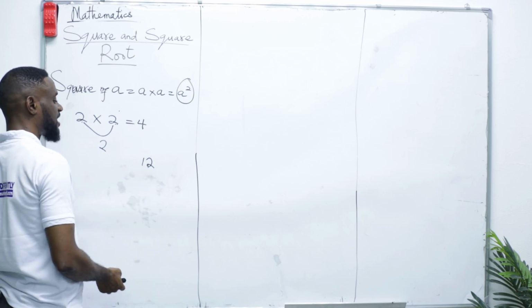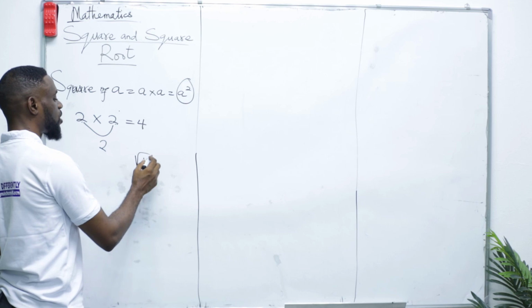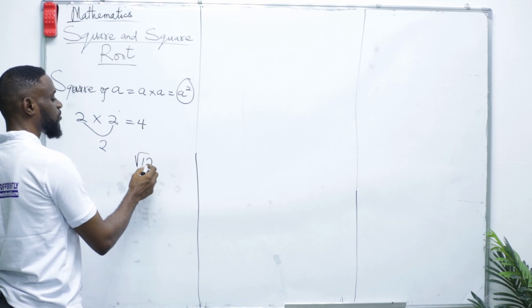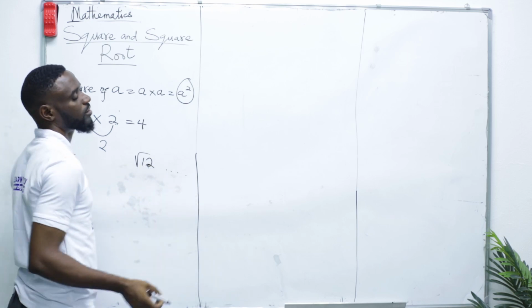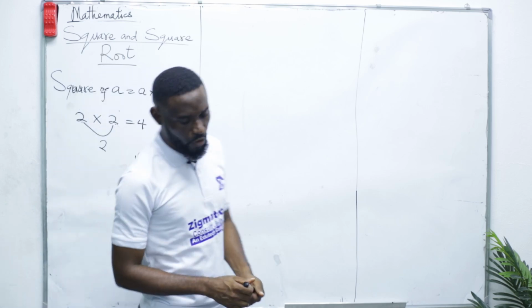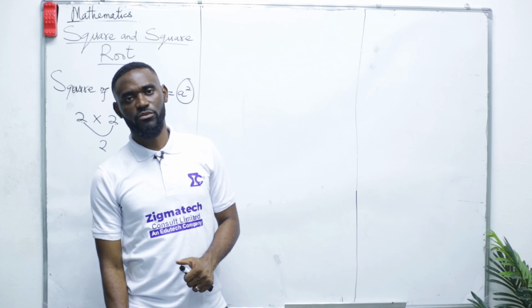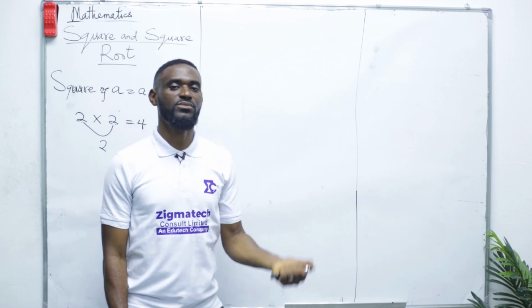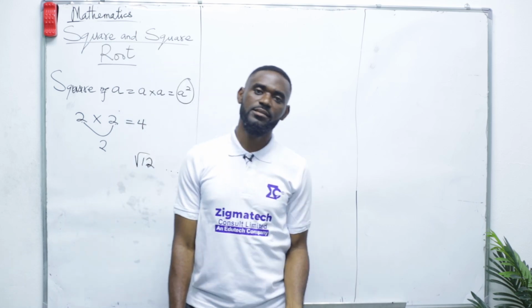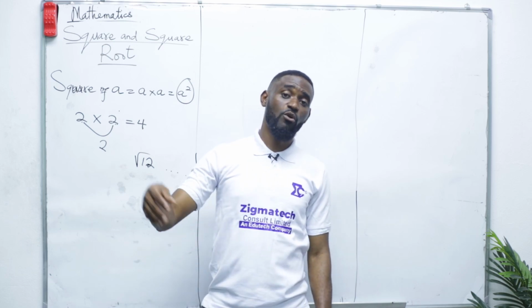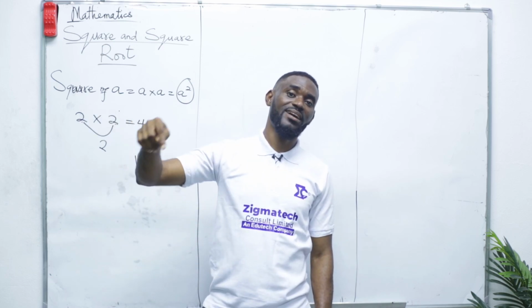That is why if we want to find the square root of 12, it will give us a decimal number, because no real number, no single number multiplied by itself gives us 12. Same with something like 17, same with 18, same with 19. We call those numbers imperfect squares.